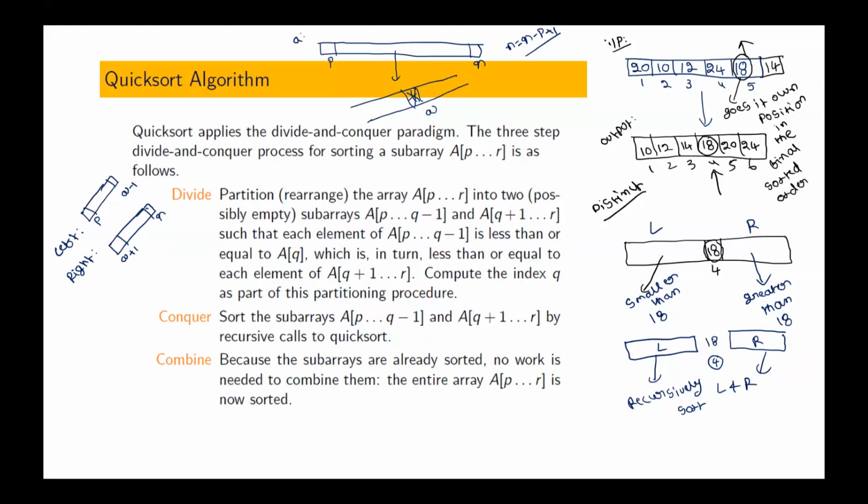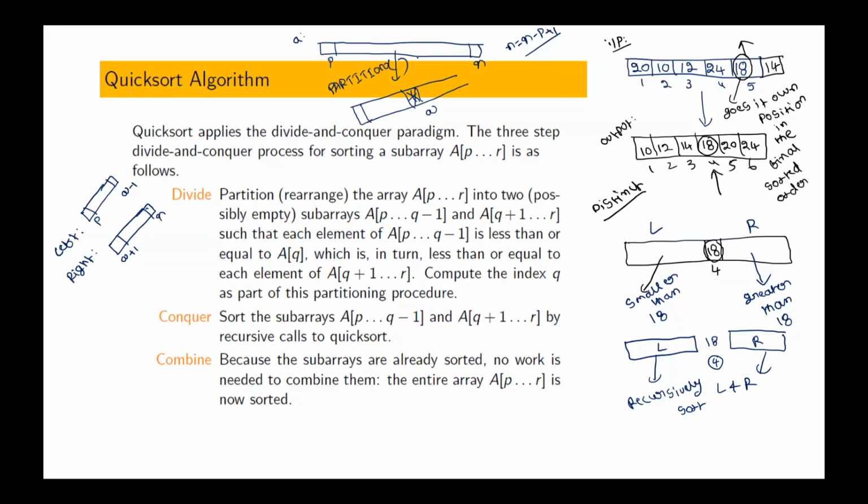Is that clear? The next important question is how to find this position Q, that means how to send this element to its own position. Whatever procedure we use for that, we call it the partition procedure.